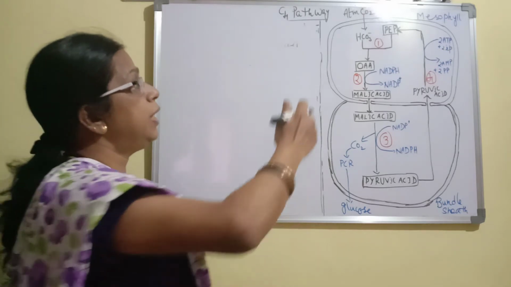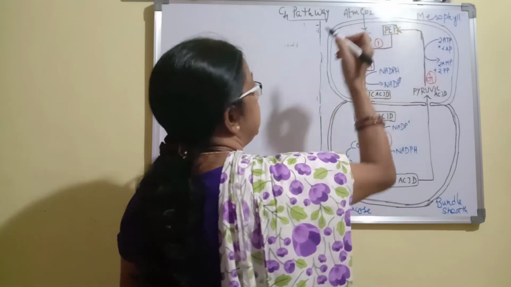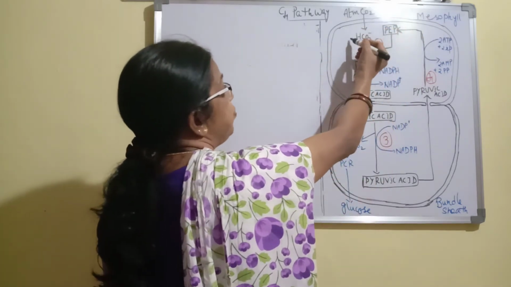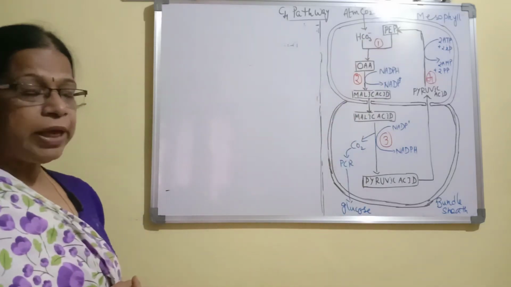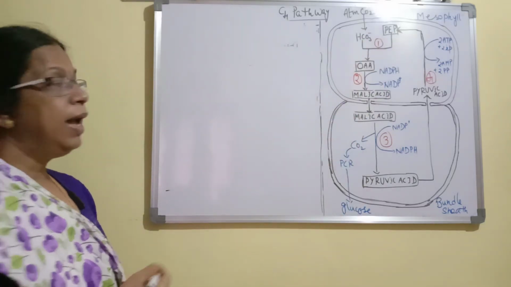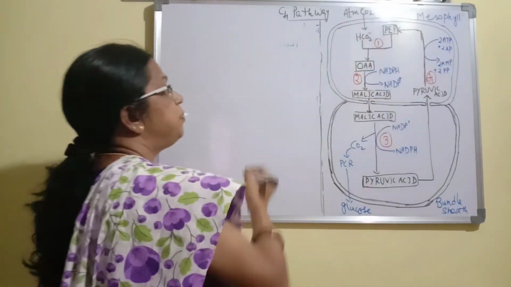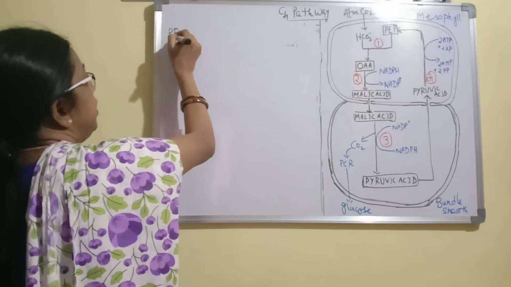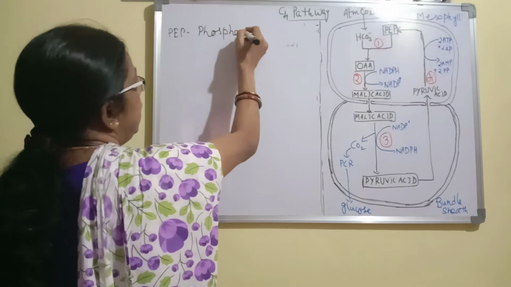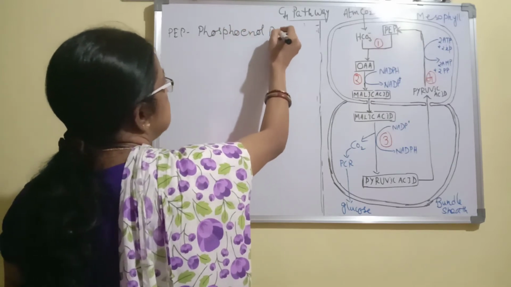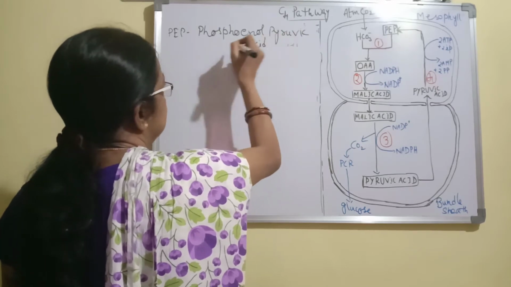First, atmospheric carbon dioxide will enter into the mesophyll cells and it is converted in the form of bicarbonate ion, HCO3-. Here the primary acceptor is present, which is called PEP, or phosphoenol pyruvic acid.